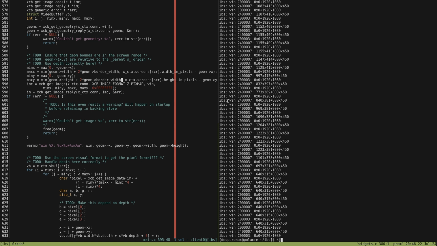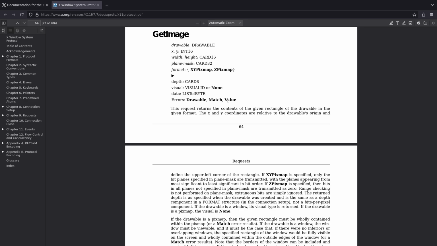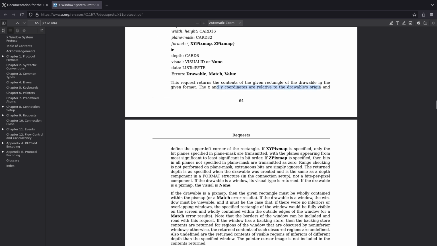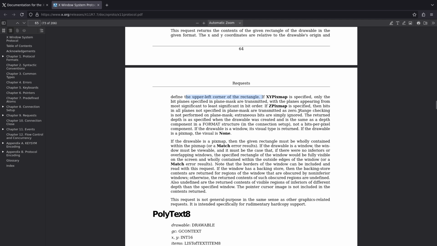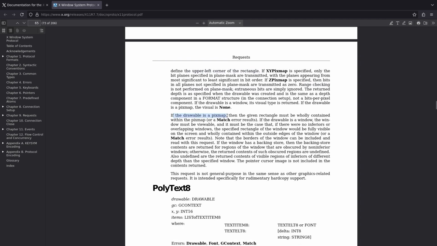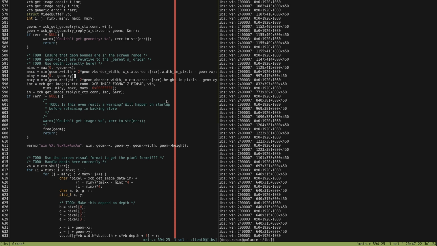So the geom doesn't include the border. I don't exactly know what it means. The specified rectangle of the window would be fully visible. It sure would be.